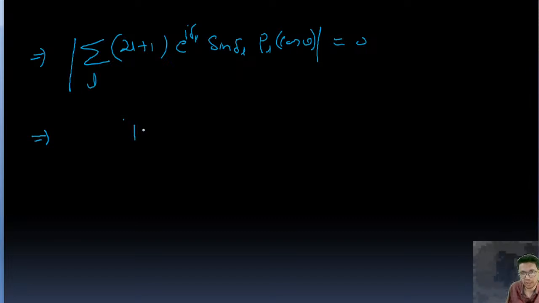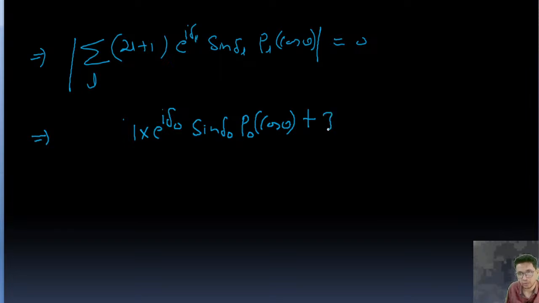So 1 into e to the power iota delta 0 for L equal to 0, sine delta 0, and this is P0 cos theta, this is Legendre polynomial, right, plus 3, L equal to 1, 3 into e to the power iota delta 1 sine delta 1 P1 cos theta, right. This is going to be equal to 0.